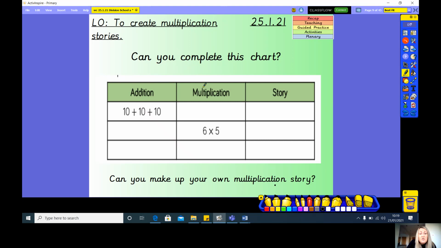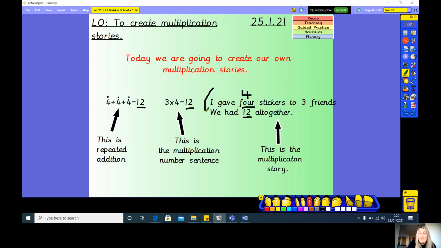So on this chart, you can see there's the addition number sentence, 10 add 10 add 10, 1, 2, 3 lots of 10. So we could write that as a multiplication number sentence. We could write 3 lots of 10. Now, we could then write the story, just like we had the story here.